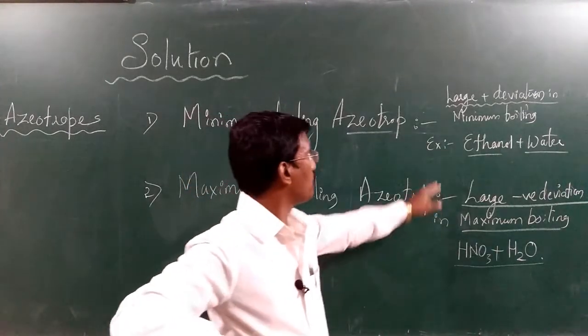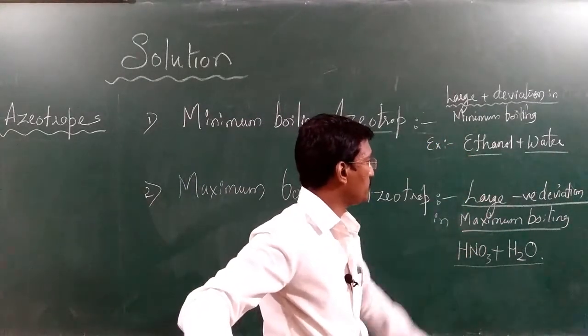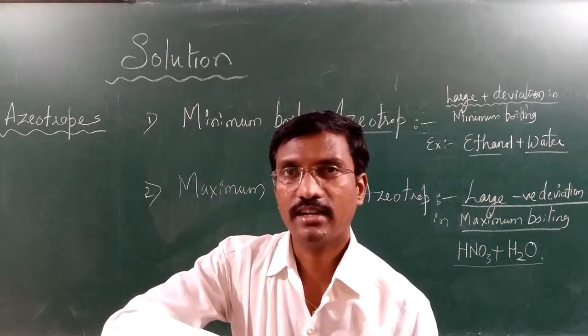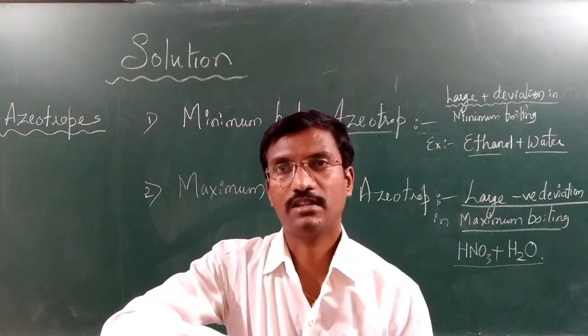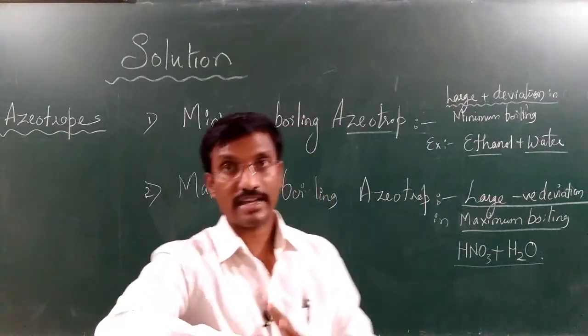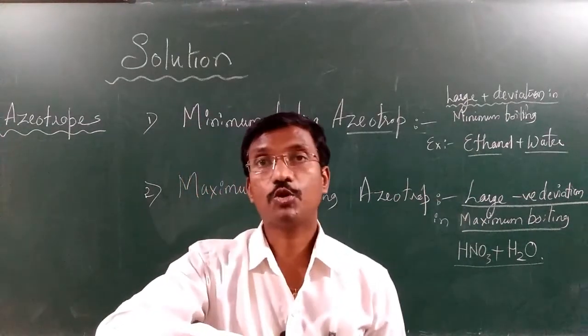The example for positive deviation is ethanol and water. The example for negative deviation is nitric acid and water. These definitions are sometimes asked, so the azeotrope definition and examples are important. These two are the examples for azeotropic mixtures.